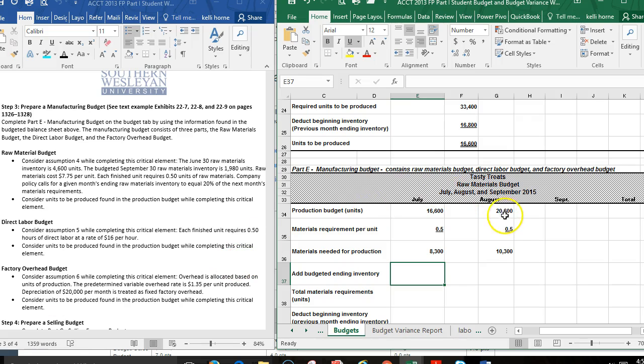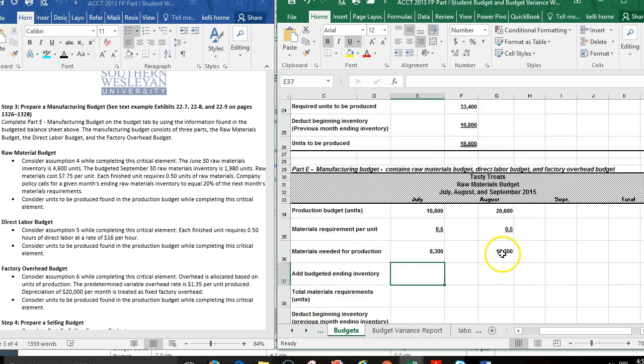When you calculate this in your production budget, you're going to find that your August units are 20,600, and again, it's the same concept, 50%, which means that for the next month, your requirement is 10,300. So in order to calculate for July, it tells us here that the raw materials inventory at the end of the month needs to equal 20% of the next month's materials.